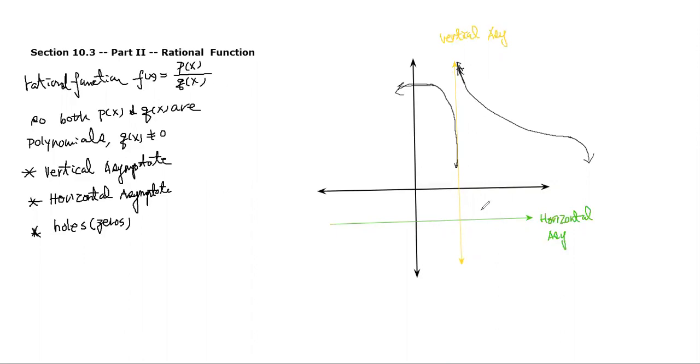The horizontal asymptote is the same. Your function approaches, getting closer and closer to this horizontal asymptote, but it never touches it. Or like here, this function is getting closer and closer to the horizontal asymptote, okay?